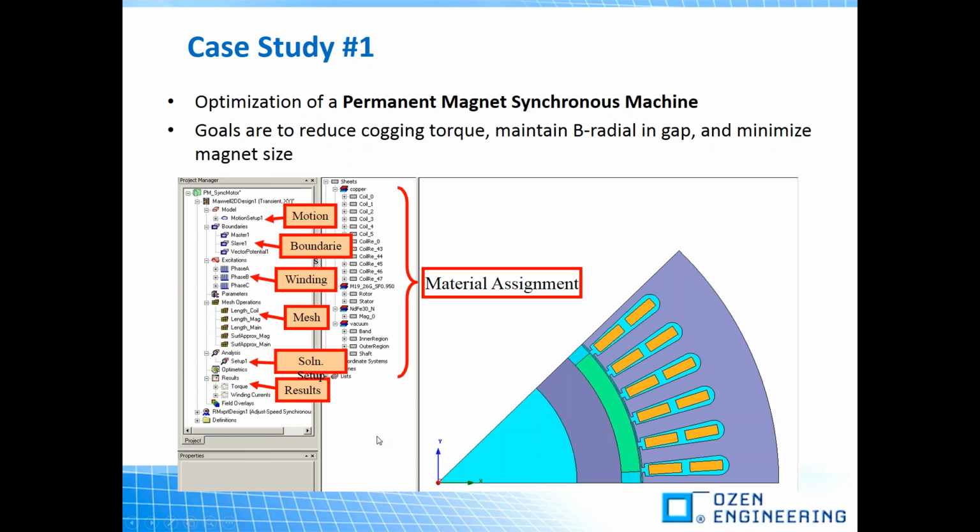We have this tree that shows all the materials and objects here: a stator, magnet, rotor, shaft, and coils. This section is all your design settings, like the excitation, the windings, defining boundary conditions, especially here where we took advantage of the symmetry of the model, and defining the motion setup.